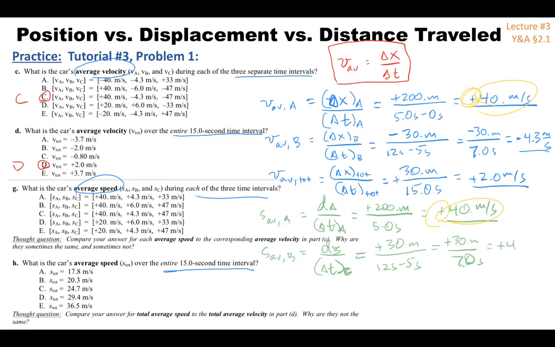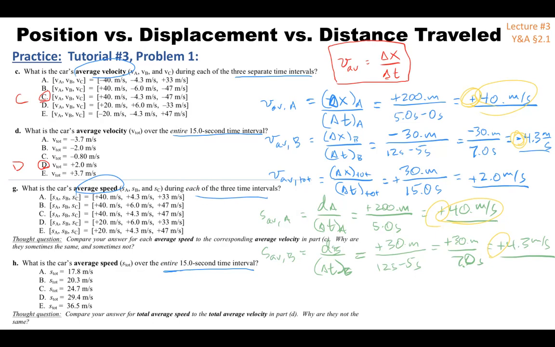And so that's positive 4.3 meters per second. So notice that in this case, speed is always positive, has to be, right? Because distance traveled is always positive. But the velocity was negative because the car was moving in the negative x direction during that time interval.